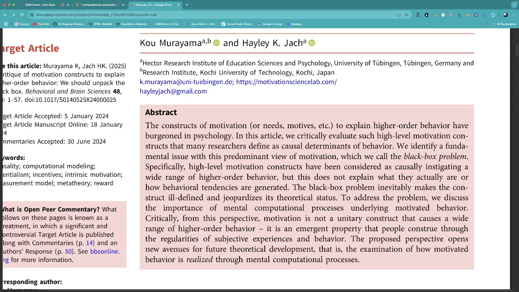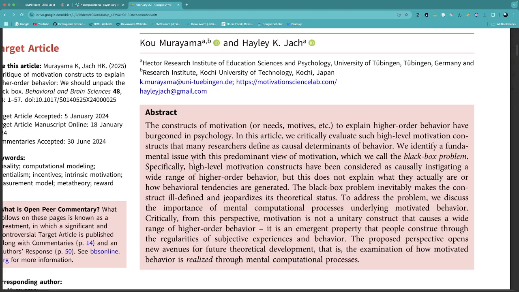So we usually argue that there are needs and motivations, and we ascribe these things to higher order behaviors as a way to interpret them. But there's this black box. A lot of times when we describe motivations or needs, we don't really have a strict cognitive mechanism to think about them.